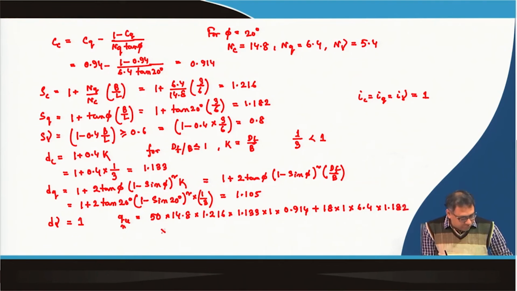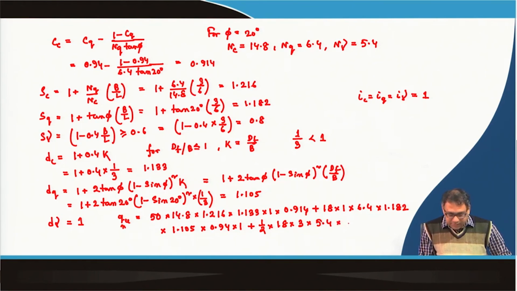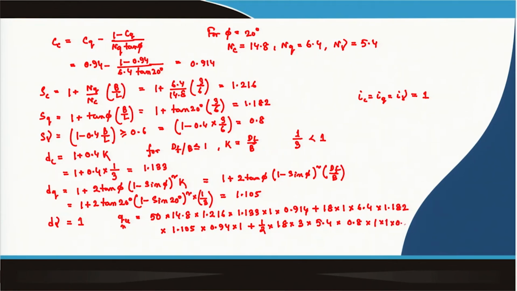Dq is 1.105, and that is 0.94, the compressibility factor, then the inclination factor is 1, then plus half, unit weight is 18, B value is 3, bearing capacity factor is 5.4, then all the factors: S gamma is 0.8, then D gamma is 1, then the inclination factor is 1, then the compressibility factor is 0.94.